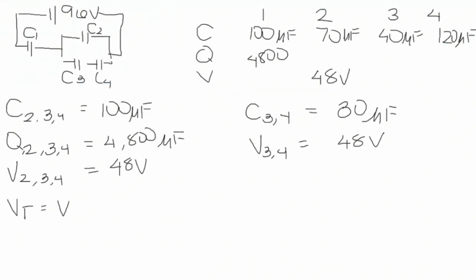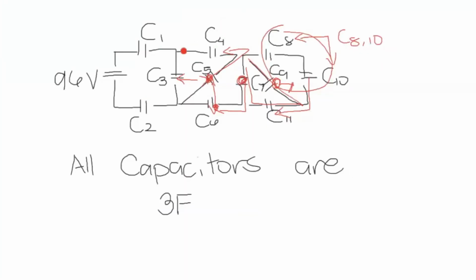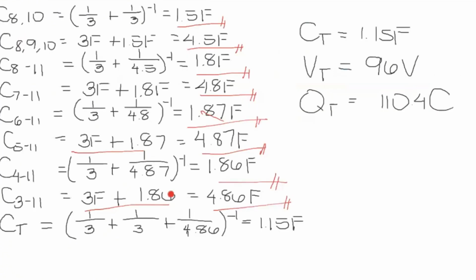Now, if our C1, C2, and C3 to 11 are all in series with each other, therefore, all will be using negative exponent, and the final answer, our total capacitance is 1.15 farad. Our total voltage is 96 volts, and our total charge, if we multiply both of these, is 110.4 coulombs.